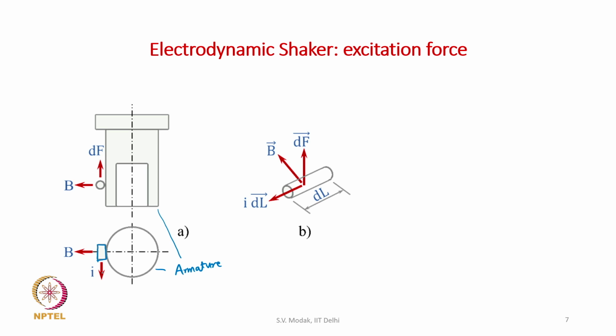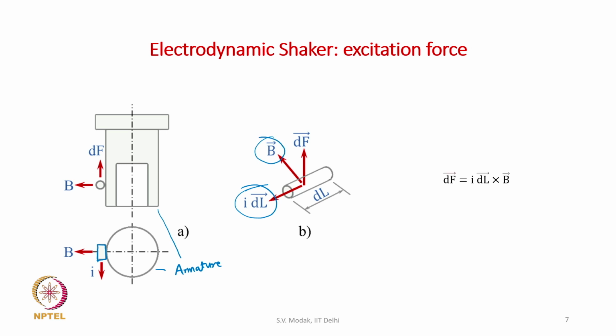Since the current is passing through the coil, this is the current vector, and the magnetic field intersects the coil. B is the magnetic field vector, and we can see that it is perpendicular to the current vector. In part B of the figure, this is clear: we have the current element vector IDL and the magnetic field vector B, and they are perpendicular.